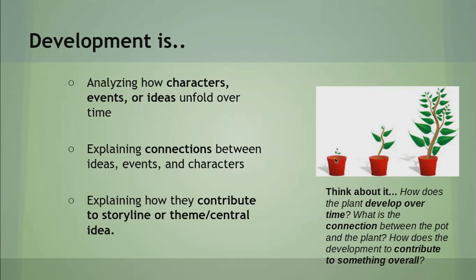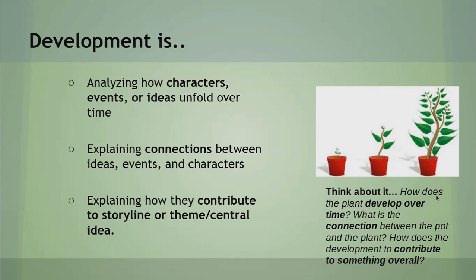So the plant has to be in the pot for it to grow, right? Has to have that soil, has to have that water, has to get that sunlight. And then eventually, as it grows, that development contributes to the overall plant and the end result.